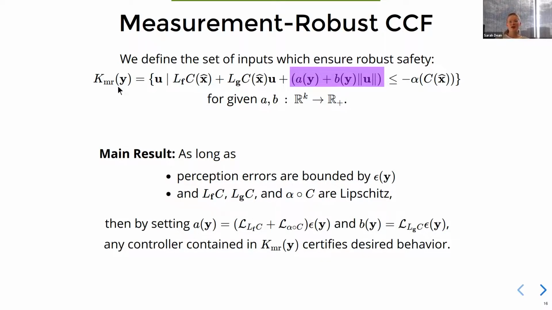This means that we now have a purely data-driven or a largely data-driven constraint on our optimization-based controller, and because we've robustified it appropriately, it still guarantees the same behavior that we would like.